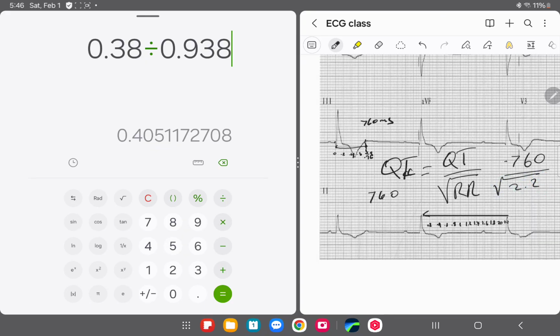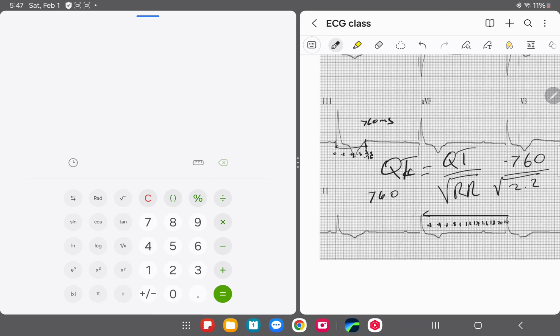So let's put that into the calculator. The square root of 2.2 is 1.483.